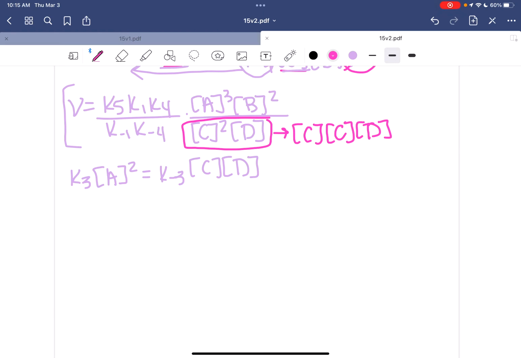And whenever we're doing these types of substitutions, we want to substitute for exactly what we're isolating in the individual rate laws. So here we're going to isolate C times D, and that's only part of the bottom of the fraction here.